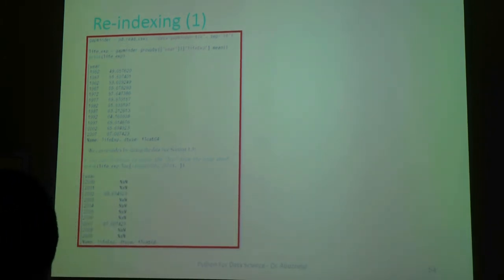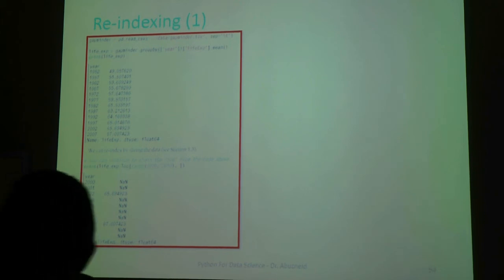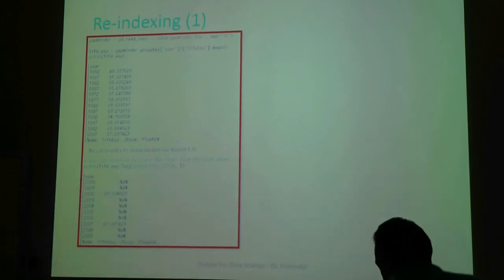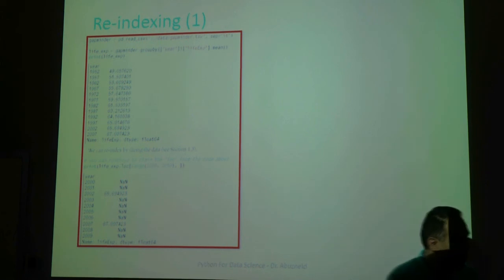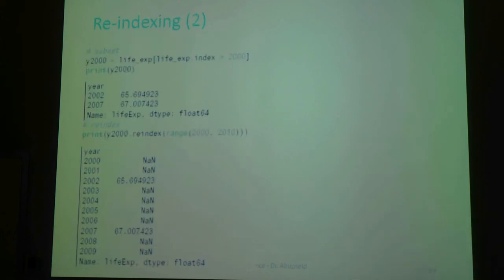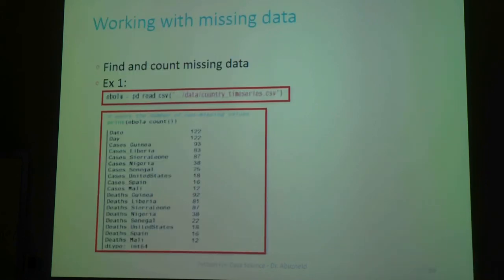There are different reasons for having missing data, so you have to deal with it. How you work with the missing data. For example, here is an example of loading a time series CSV.